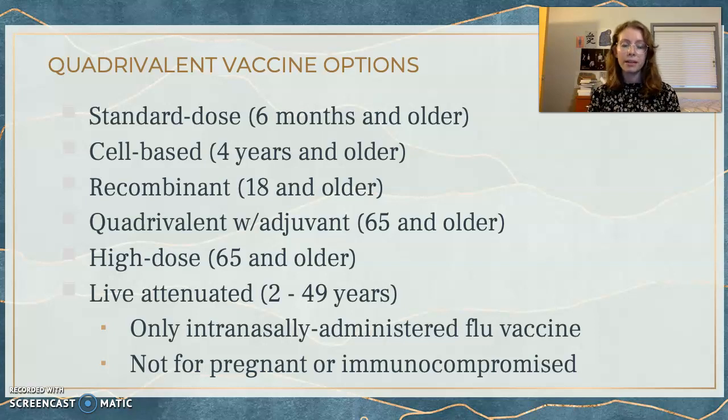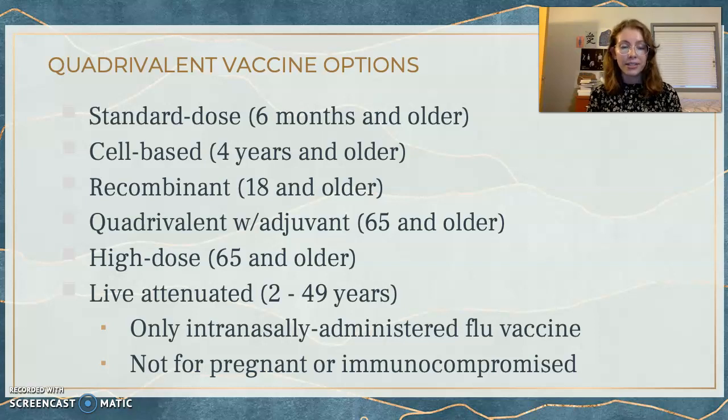There's also a cell-based vaccine, which is also an inactivated virus, and it's for those 4 years and older. There's a recombinant vaccine, which is meant for those 18 and older. There's a quadrivalent with an adjuvant, which I'll talk more about a little later, but these are for those who are 65 and older. I believe the first quadrivalent with an adjuvant was just released in the 2020-21 flu season.